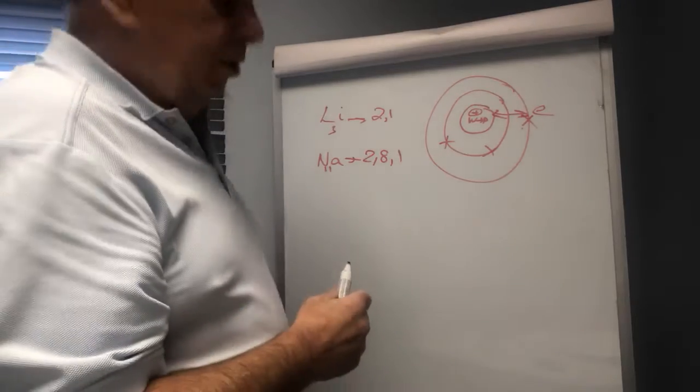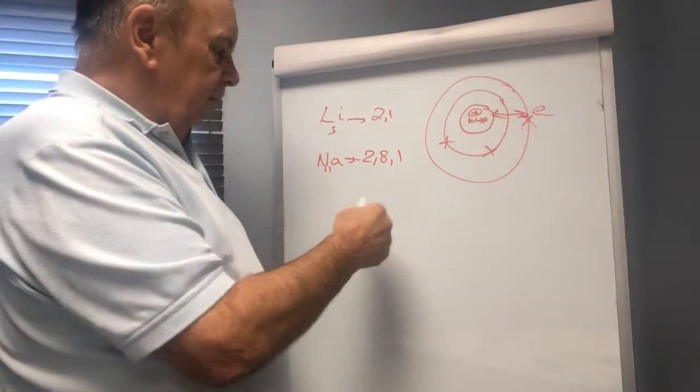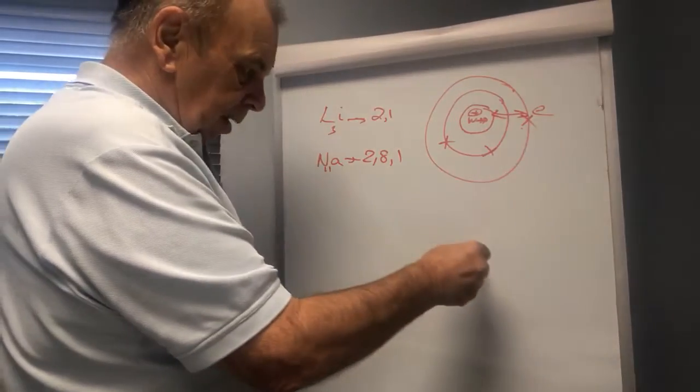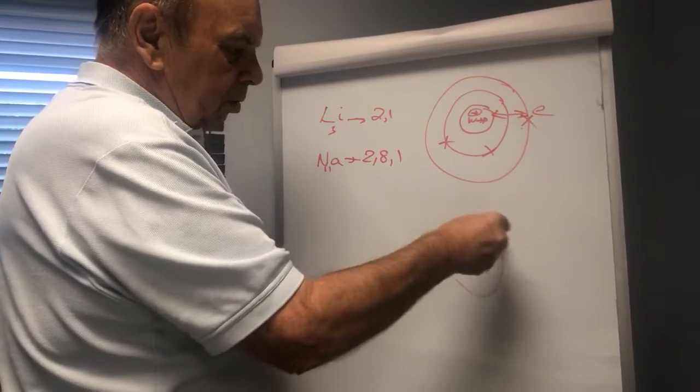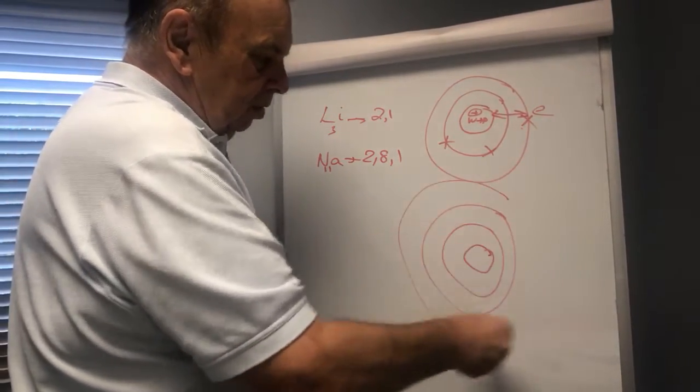And if I took the other example now, sodium is 2,8,1. See that, it's getting bigger.